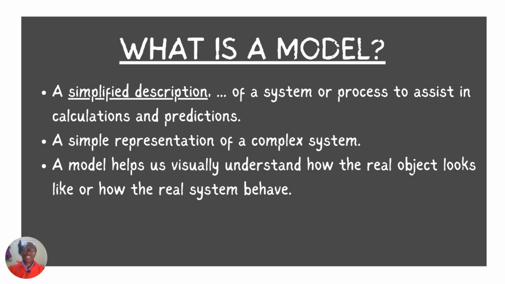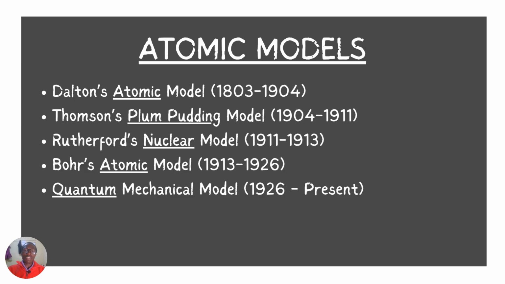For our case, it helps us very much because we cannot observe the real atoms because of their small size, and we are able just to look at their behavior and at least make a model of how they look and how they behave. So the model helps us visually understand the real object, how the real objects may look and how the real system may behave.